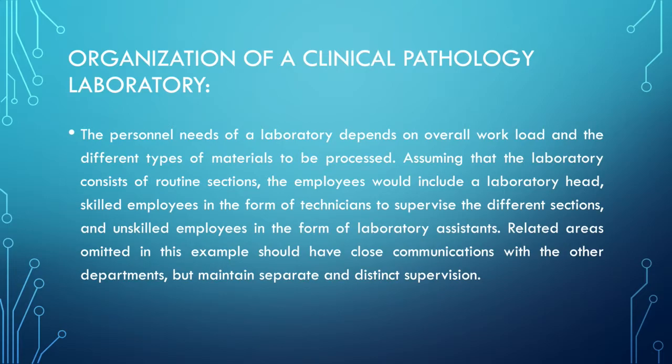The skilled employees are the technicians who supervise in the laboratory, and the third is the unskilled employees who work as assistants. That means the unskilled employees are learning how to work in the laboratory.